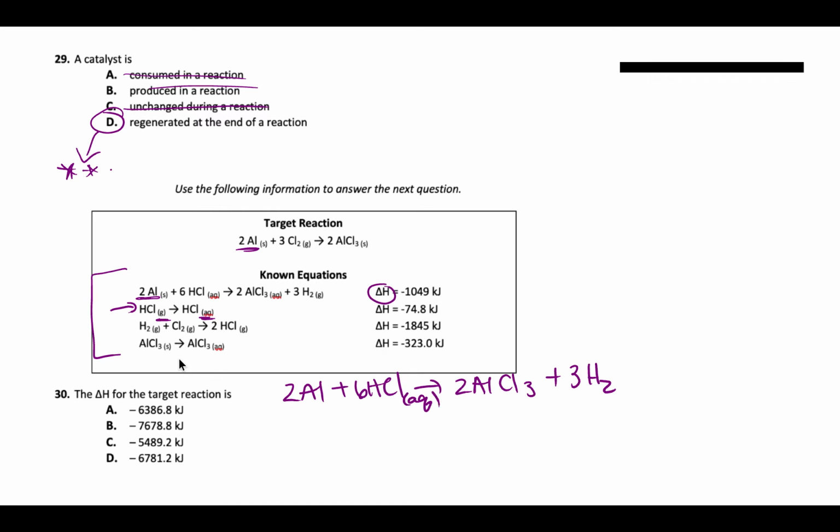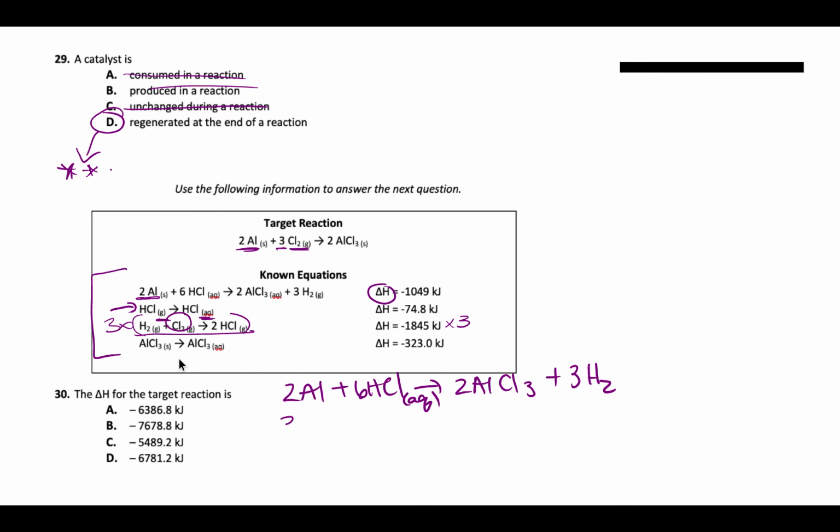Now, this next one shows me Cl2, and it's a reactant. And this one here is also a reactant, but there's 3 of them. So I'm going to take this whole reaction and multiply it by 3. But when I do this, I have to remember that it also multiplies the delta H by 3.